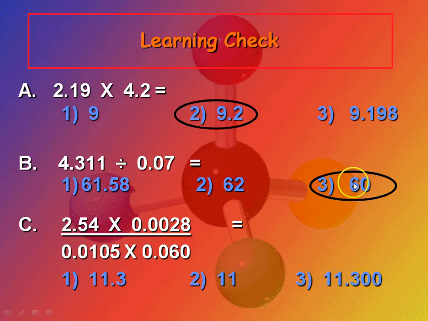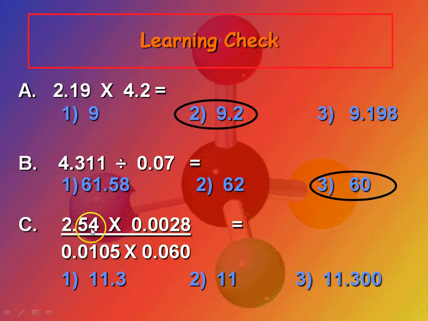Our final answer is 60. This has 1 significant figure, but remember we either need to round or add zeros so that we get there. Our final answer probably shows something like this, but we can only show 1 significant figure. So that means we have to round back to 60. This 0 is not significant.